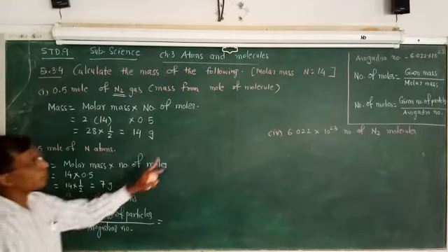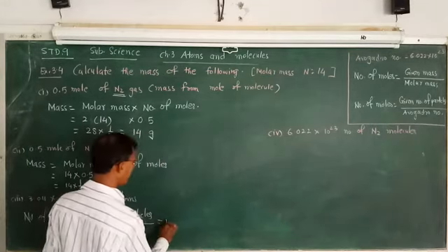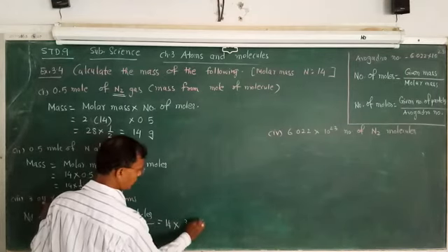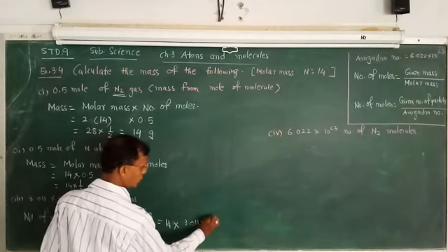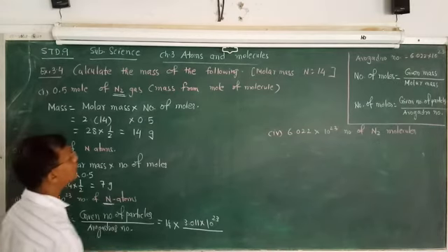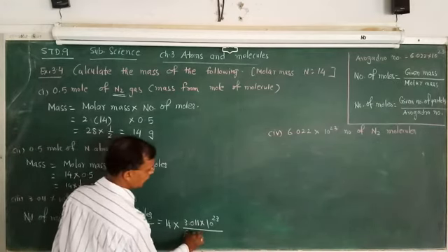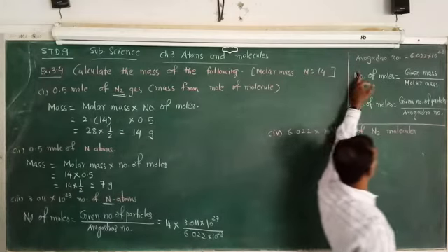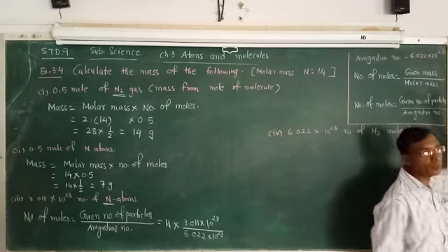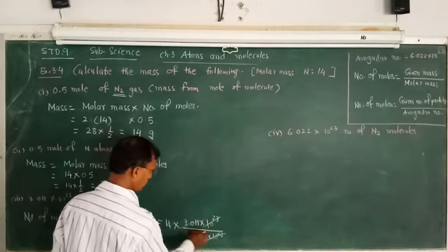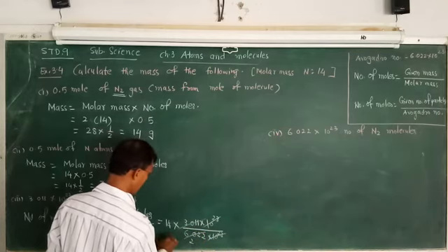For nitrogen, the molar mass is 14. So 14 multiplied by 3.011 × 10^23 upon Avogadro's number, 6.022 × 10^23. As we previously discussed, Avogadro's number is 6.022 × 10^23. To simplify, 3 twos are 6, so 14 divided by 2, that is 7 gram.